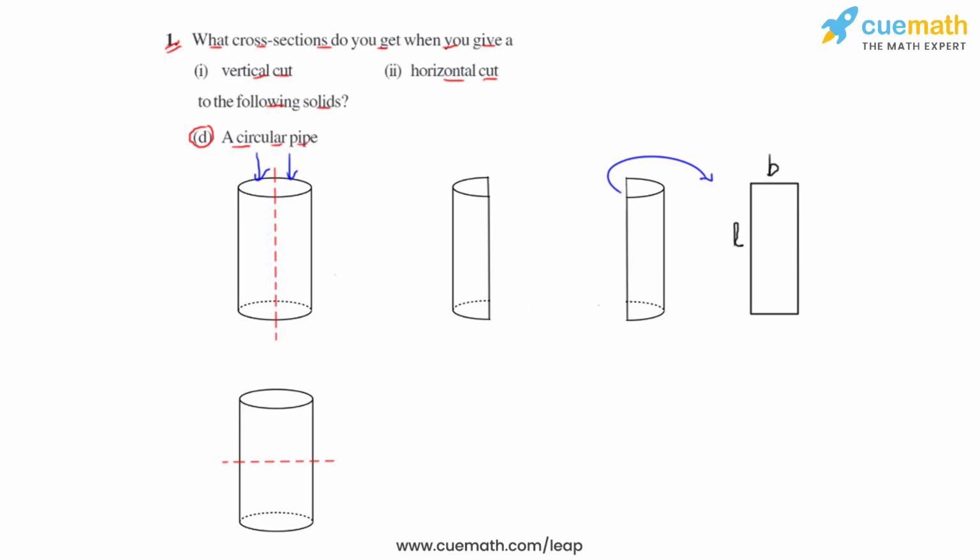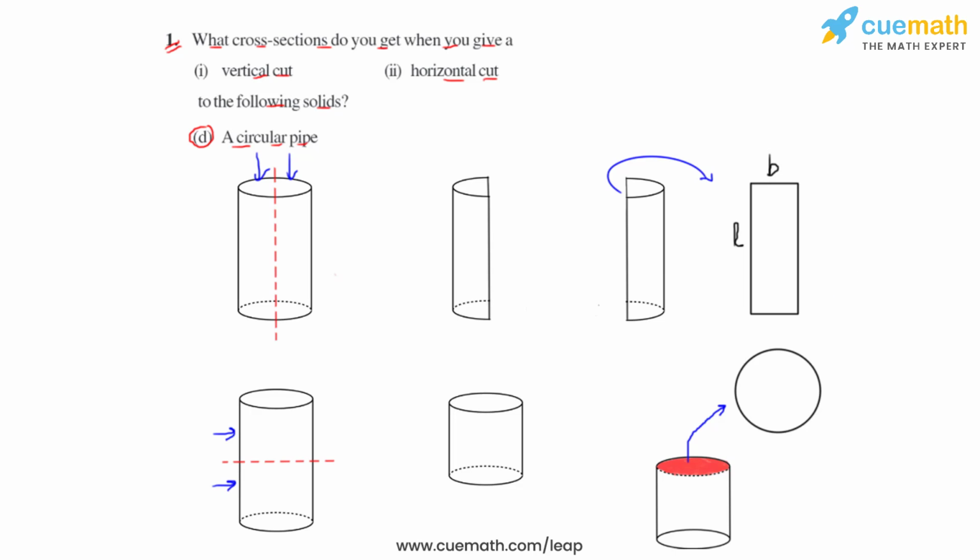Again, if the same figure is cut horizontally in this way, we'll see that the solid would again be divided into two parts, and this would be the cross section, as we can see here, which again represents a circle.